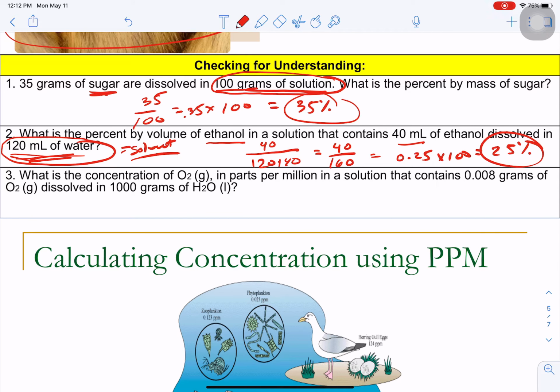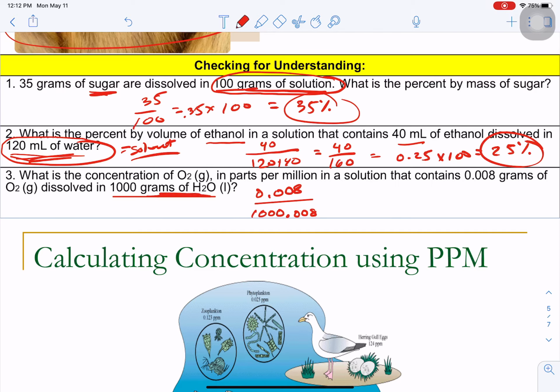Okay, so let's set this up. So we have 0.008 grams divided by, okay, now this is 1,000 grams of H2O. Remember, we need the entire solution. So that would be 1,000 plus the solute, which is 0.008. So this would be 1,000.008.